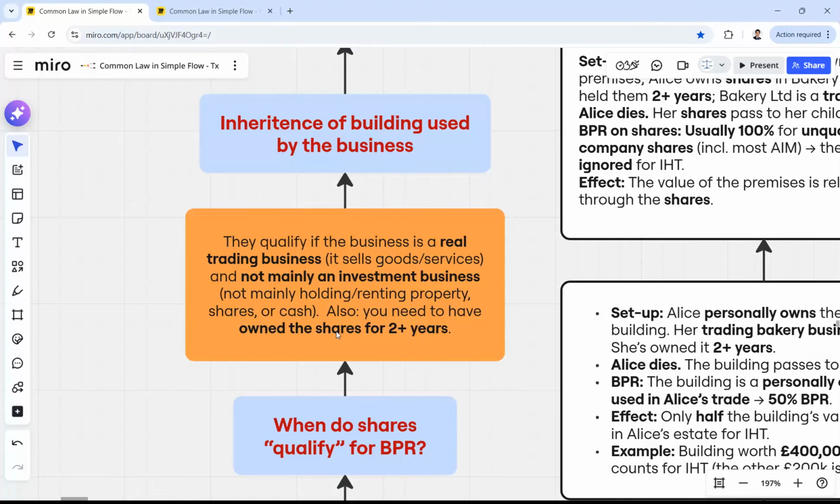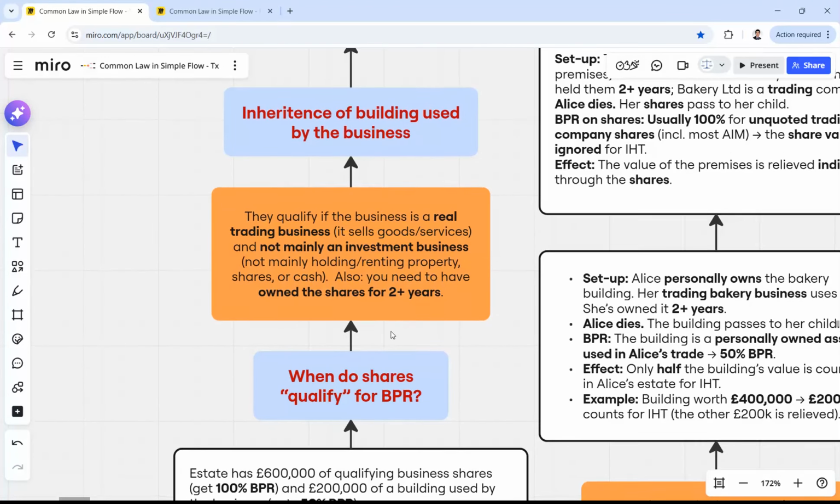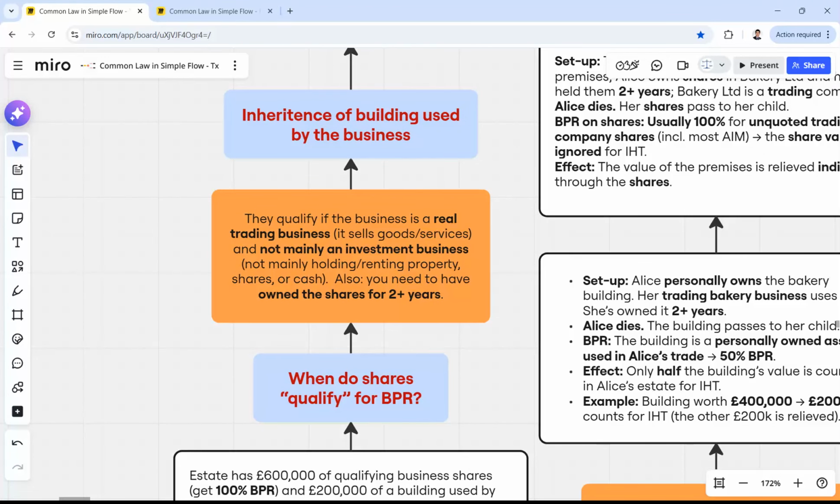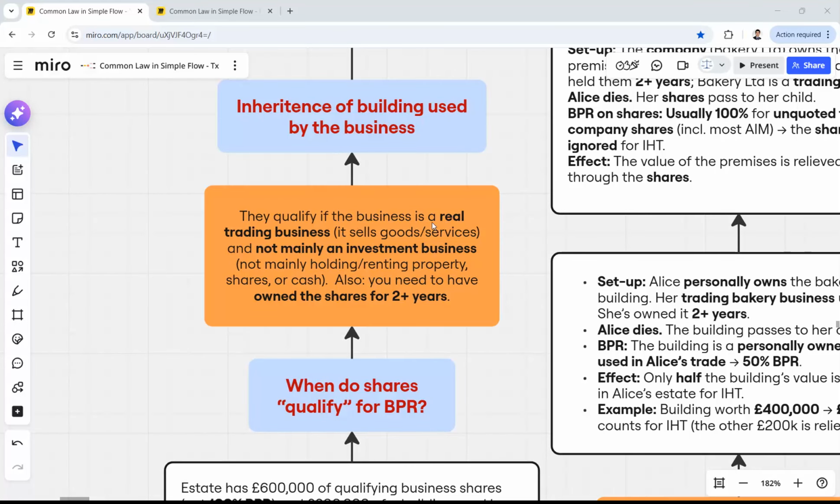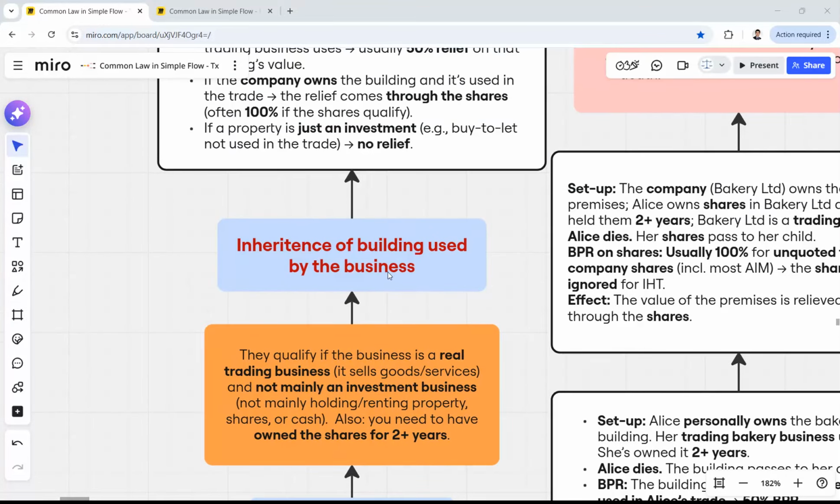Also, you need to have owned the shares for 2+ years. So to qualify, we need a real trading business. So you own a business. You are not just investing in someone else's business and have shares of it, but you have a real trading business which sells goods and services. And you need to have that ownership for 2+ years.